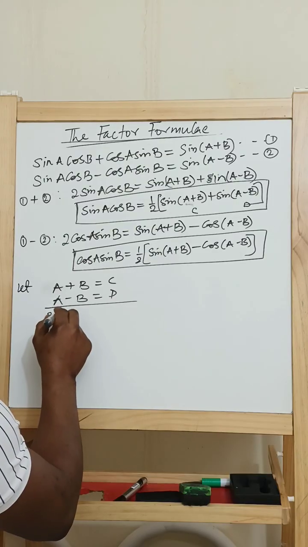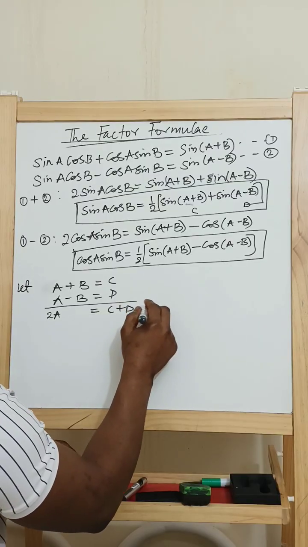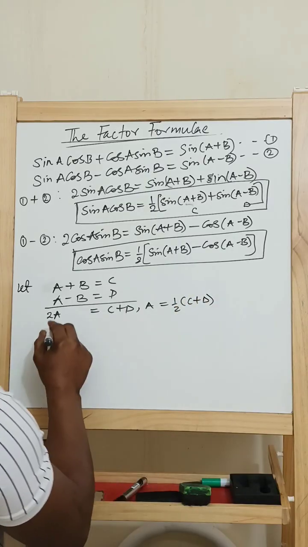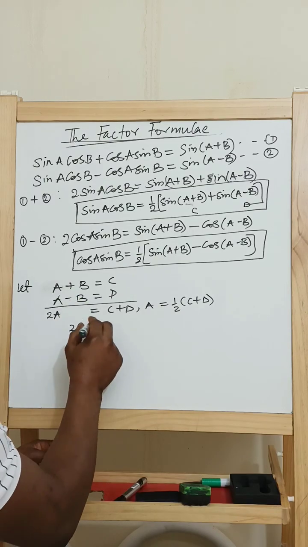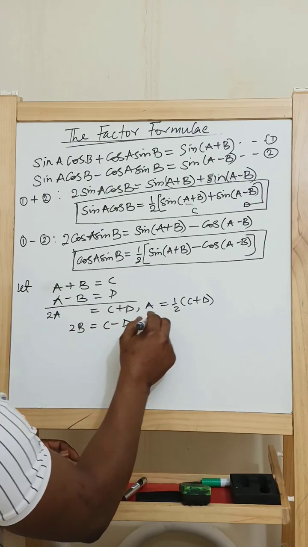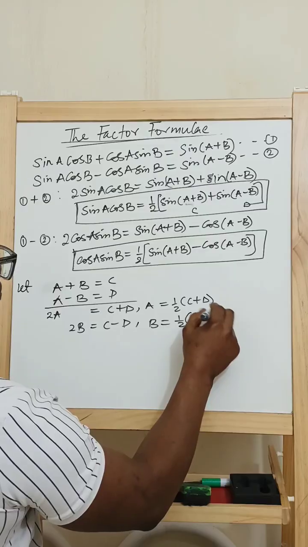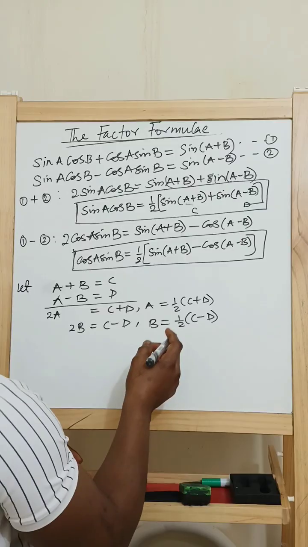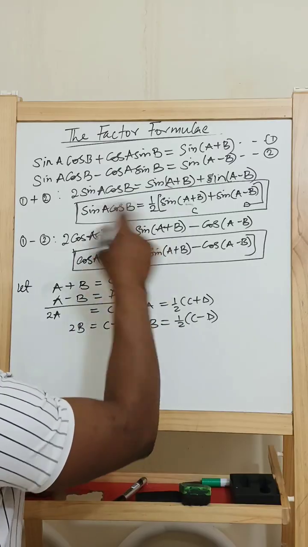That will be 2A equals C plus D, and A from here is going to be half of C plus D. Then 2B, when you subtract, 2B is equal to C minus D, and B is going to be half of C minus D, right?